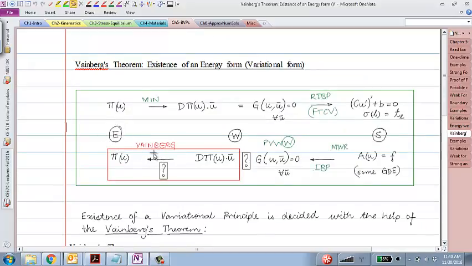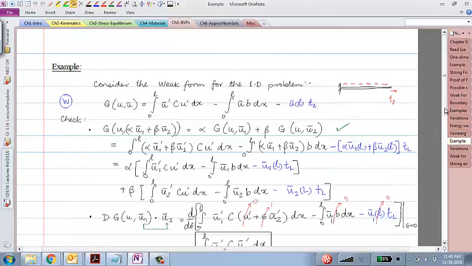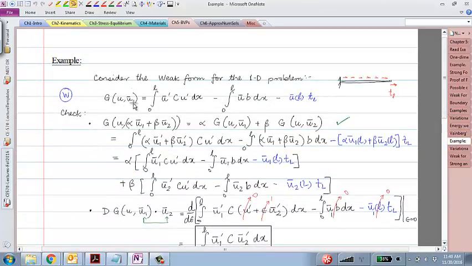But still, we are going through the logic of the Vainberg theorem to make sure that indeed we can find this energy form starting from the principle of virtual work form as well. That's what we were doing last time. So we checked that this G functional was the principle of virtual work form of the weak form.